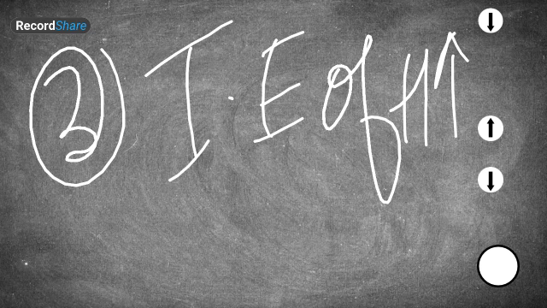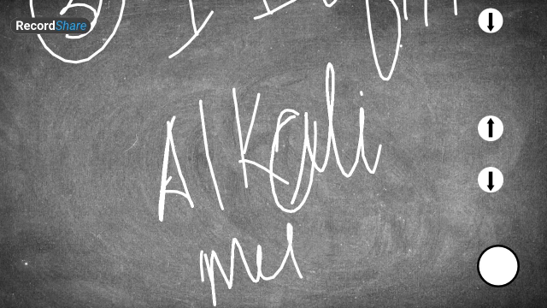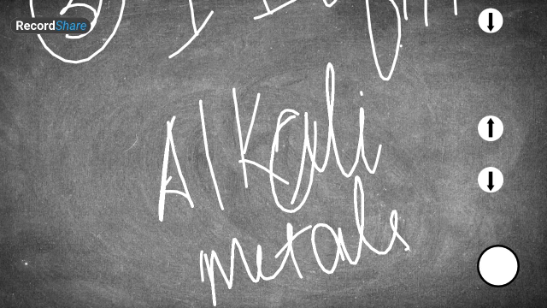Why? Because in the case of hydrogen, the size is very small, the nuclear force is very high, so ionization energy is high. But alkali metals have bigger size, low nuclear charge, so they have low ionization energy. So these were the resemblances and differences from alkali metals.